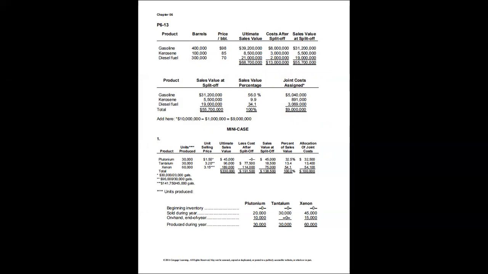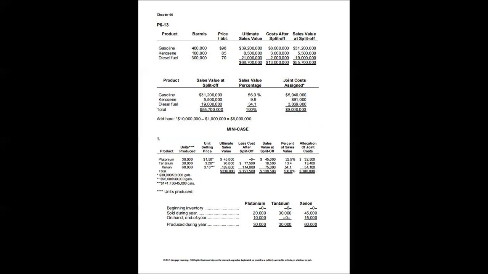Additional information includes the product, gasoline, kerosene, and diesel oil. The barrels produced 400,000, 100,000, and 300,000. And we have now the cost after split off of 8 million, 3 million, and 2 million. Selling price per barrel 98, 85, and 70.